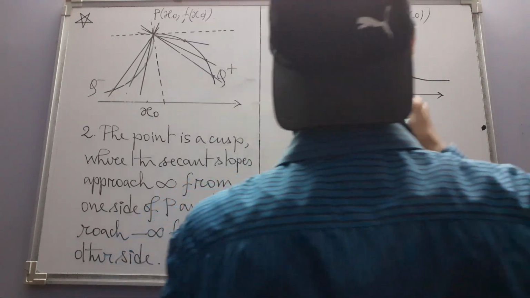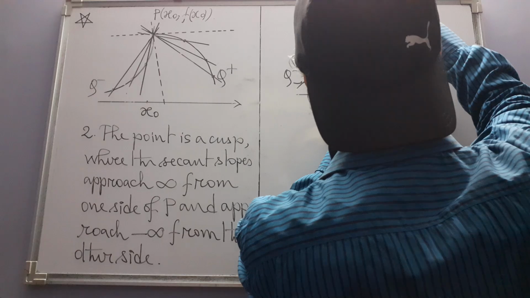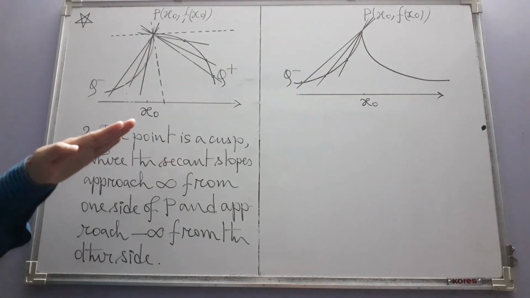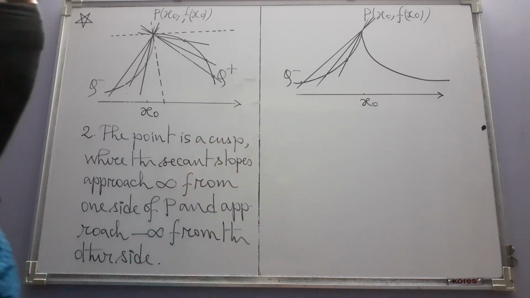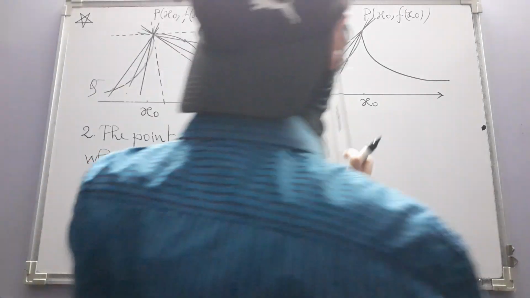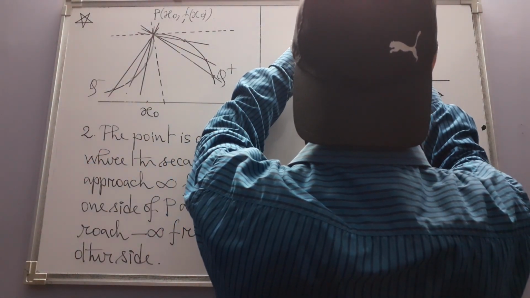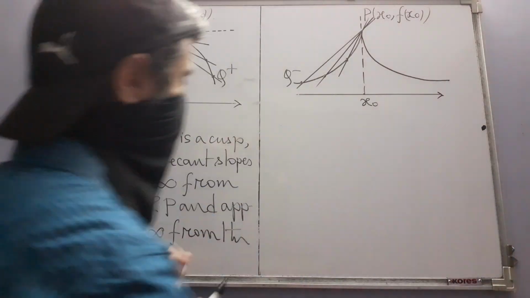So if I keep doing this, eventually what happens is that the secants are becoming more and more vertical. Well, they are not, but they are going towards the vertical line that passes through P. And this of course is going to pass through x0 as well.